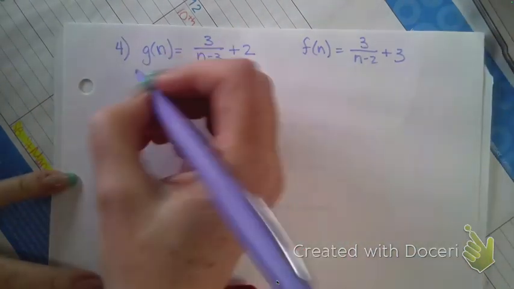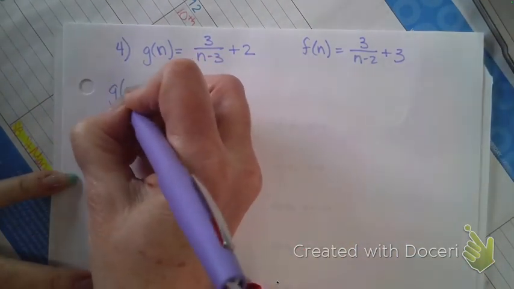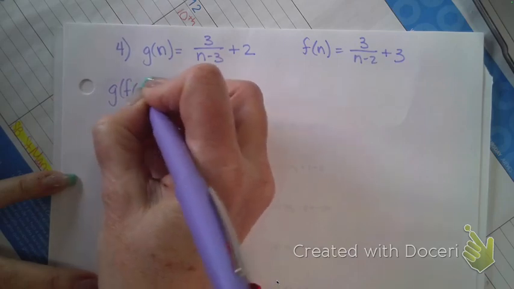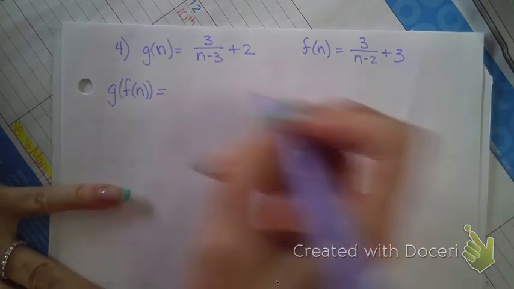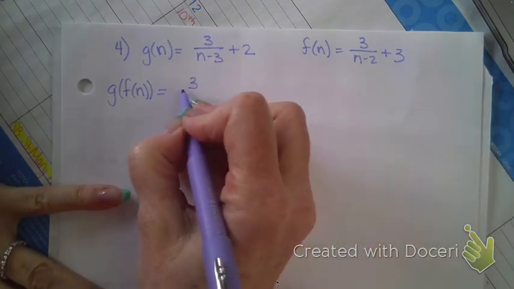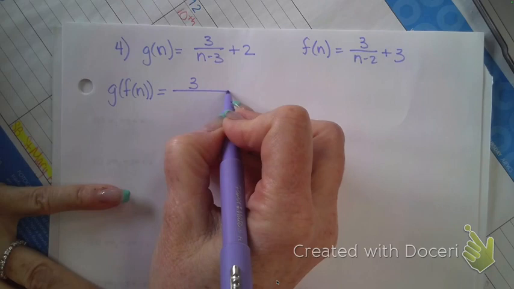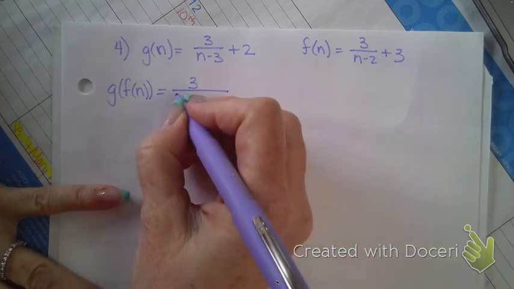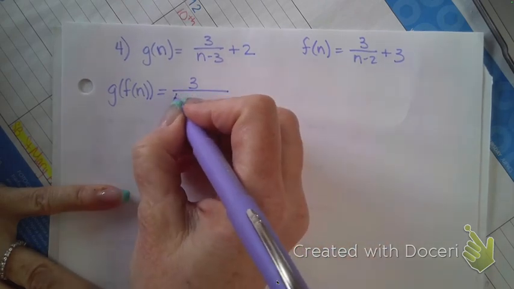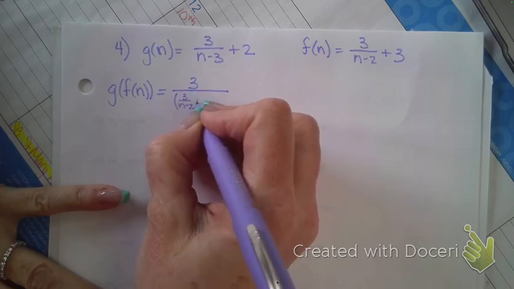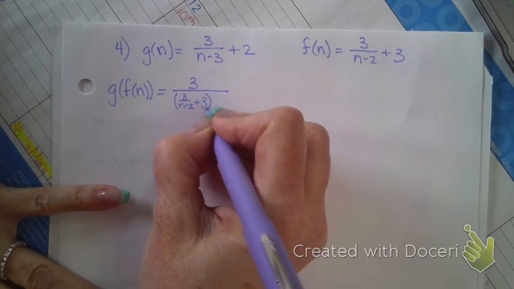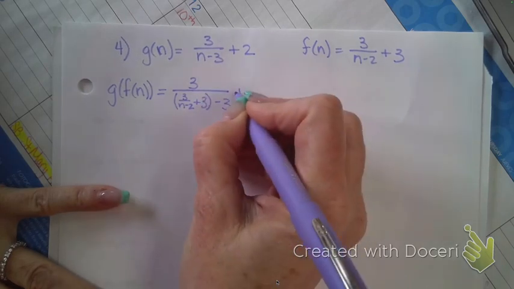Okay? So g of f of n? So 3 over what? n minus 2 plus 3 over n minus 2 plus 3 minus 3 plus 2.